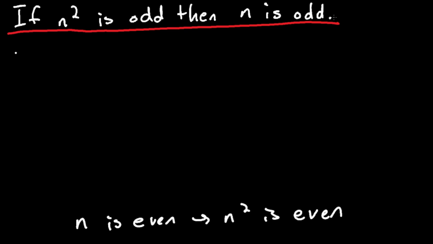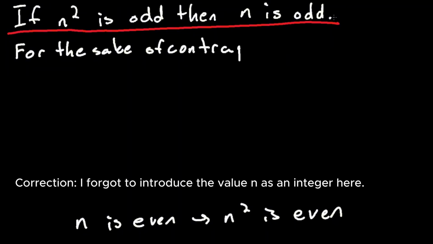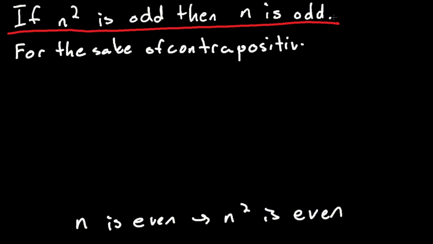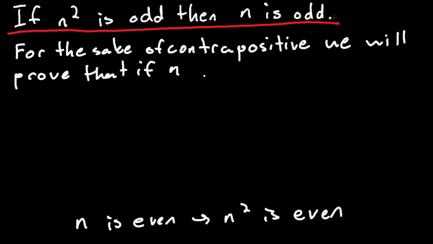So you can start off by maybe letting them know it's a contrapositive. You don't have to, depends on the class rules. But let's write down: for the sake of contrapositive, we will prove that if n is even, then n squared is even.